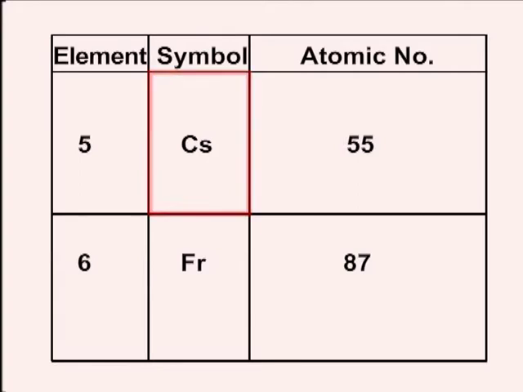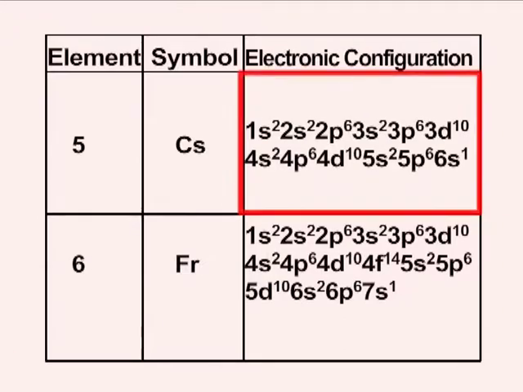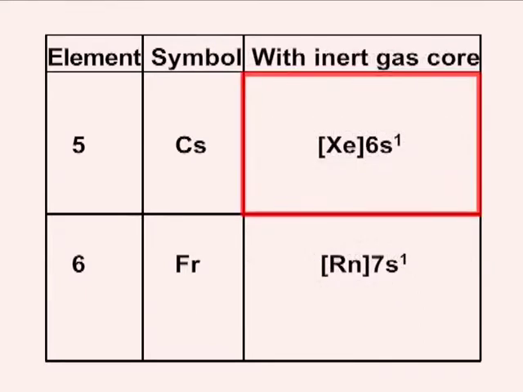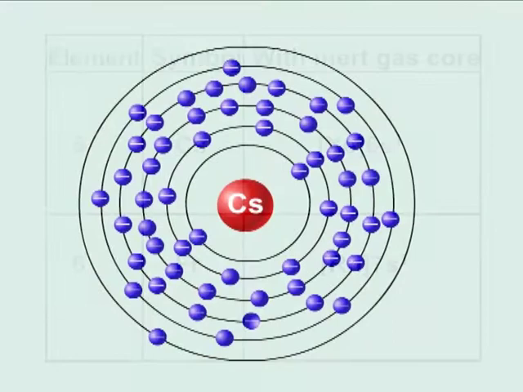Cesium is shown by the symbol Cs. Its atomic number is 55. Its electronic configuration is 1s2, 2s2, 2p6, 3s2, 3p6, 3d10, 4s2, 4p6, 4d10, 5s2, 5p6, 6s1. Its electronic configuration with inert gas core is also shown on the screen.